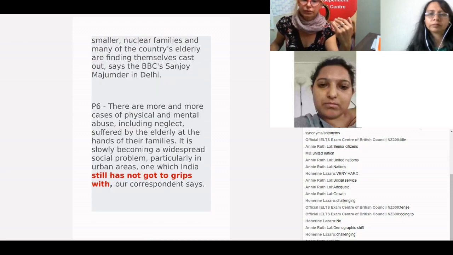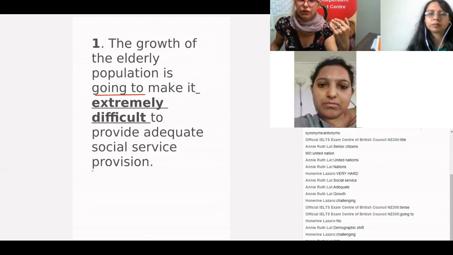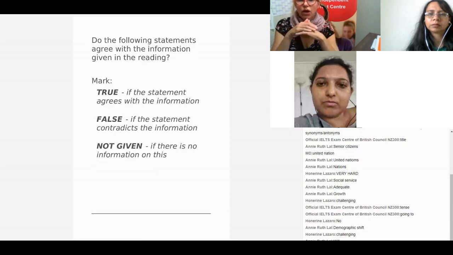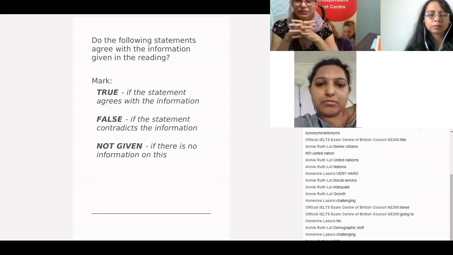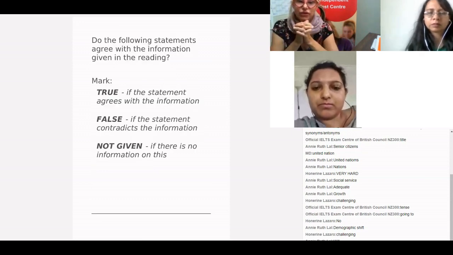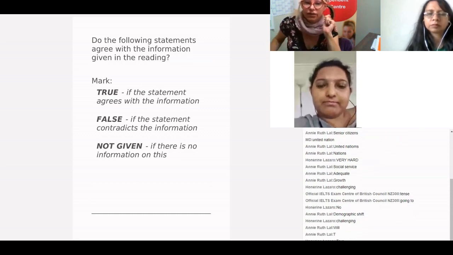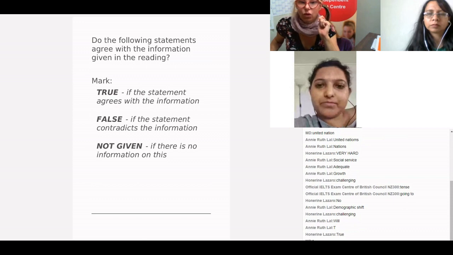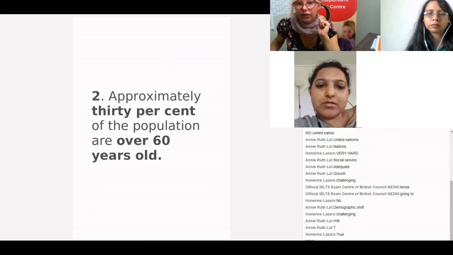So our answer for the first question is it true, false, or not given, or is it yes, no, or not given? True, false, or not given, or yes, no, and not given. T. Good, true. Okay, so remember that you've got to put T for true and not Y for yes.